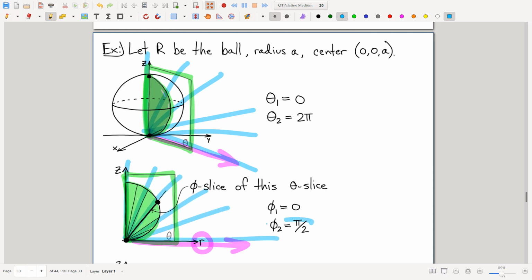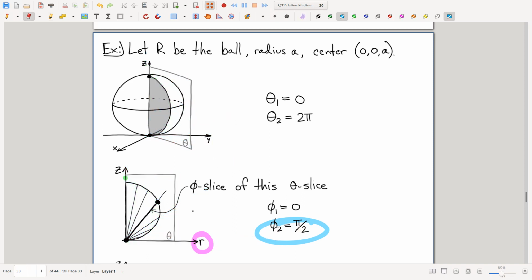And I can just immediately, intuitively see that my last phi slice is, you can see it right there. It's horizontal. That's pi over 2. No confusion. Everybody see what I'm doing? Okay, again, you don't have to. Again, I encourage it.